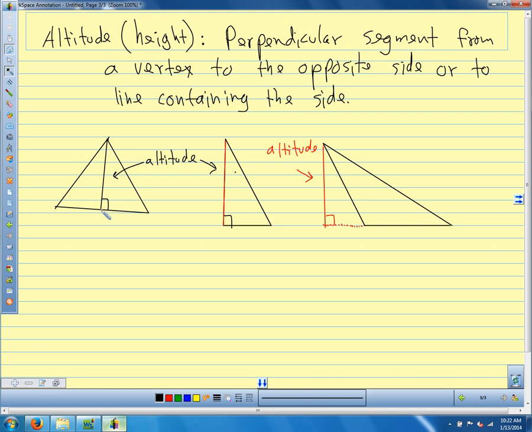This also looks like it could be the perpendicular bisector, but it's not necessarily cutting that side in half. It's just going at a 90-degree angle. Okay. Sometimes you just have to know what is an altitude, what's a perpendicular bisector, what's a median. They have to know which one is which.